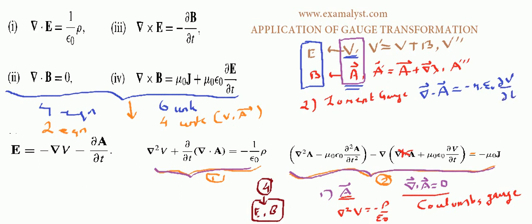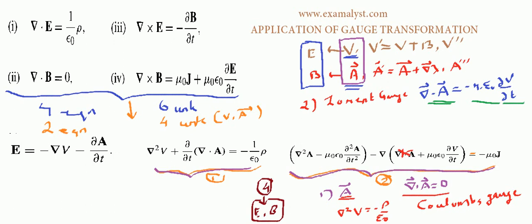Lorentz said let us take a potential whose divergence is related to the scalar potential like this.